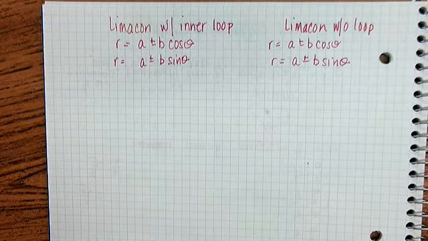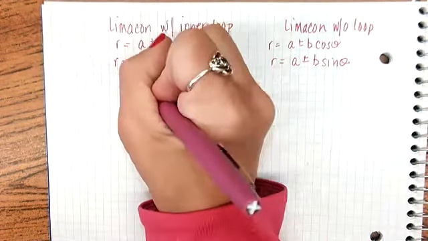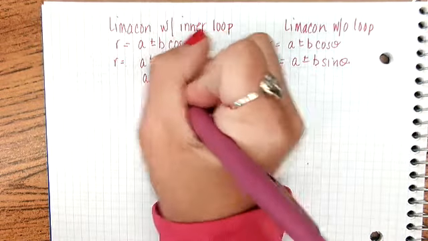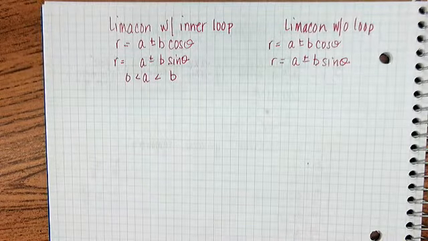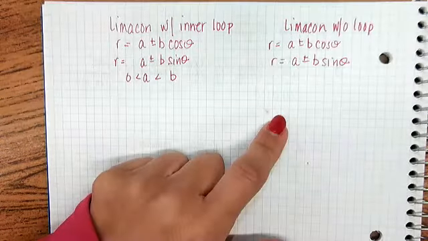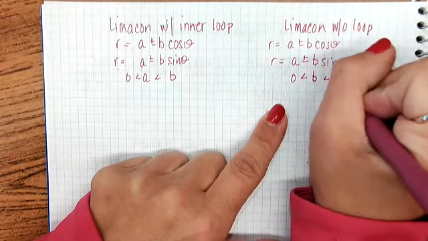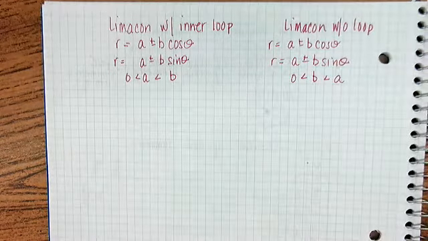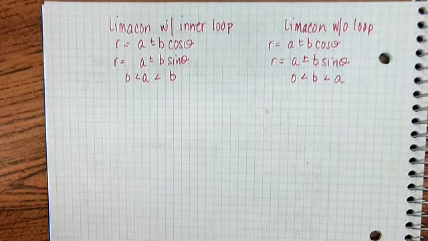For with the loop, a is less than b. Of course, a is greater than 0. And without the loop, b is less than a. I don't memorize. I plot like 2 or 3 points, and then I think you'll be able to figure it out.